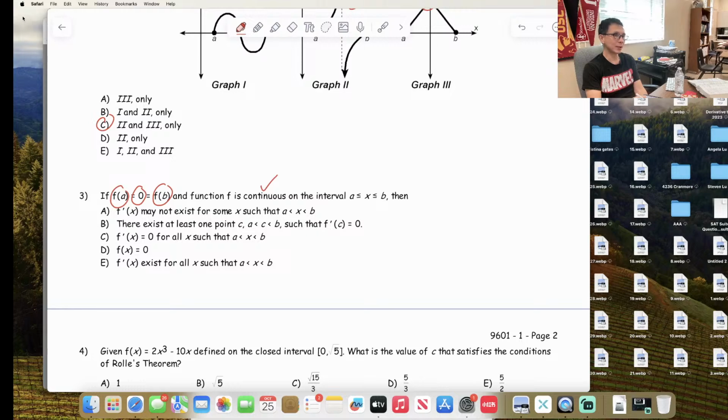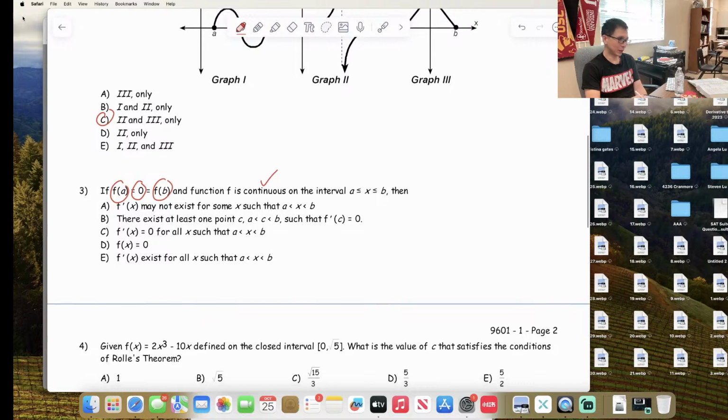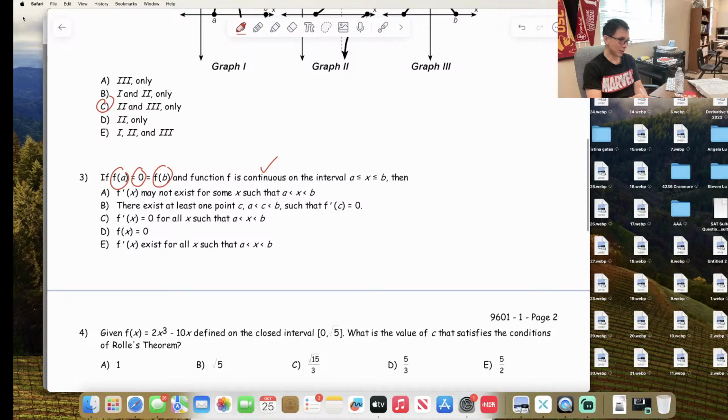Yeah, I understand why people assume. When I read it the first time I was assuming, and then I went back and asked, wait, are they missing something? Those are things you should reconsider when you think about theorems. Make sure they have all the conditions. That f prime of x might not exist for some x such that a is less than x less than b.